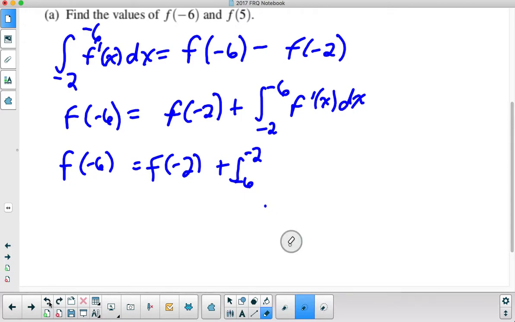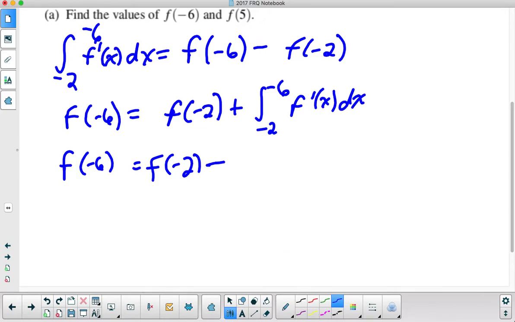Sorry, I'm trying to get used to this tablet, so I'm all over the place here. When we switch that, remember one of our properties, we have to make this negative. So it's not a plus now, it's a minus: minus the integral from -6 to -2 of f prime of x dx.